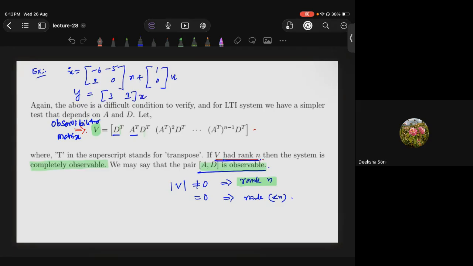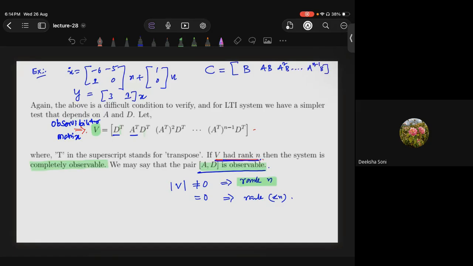We need to check whether it is controllable and observable or not. So what is the controllability matrix? The controllability matrix is B, AB, A square B, etc., up to A power n minus 1 B.